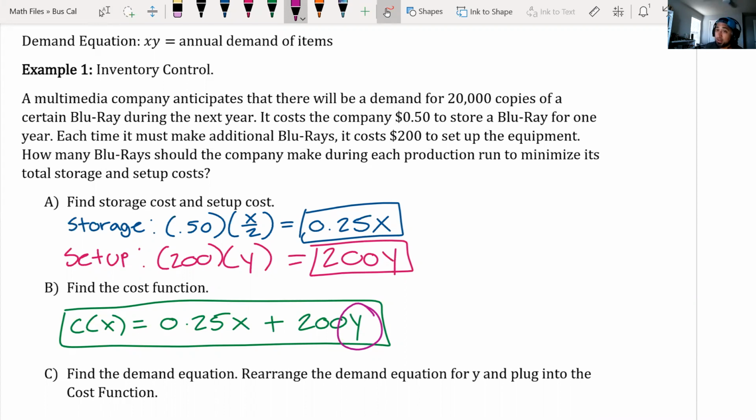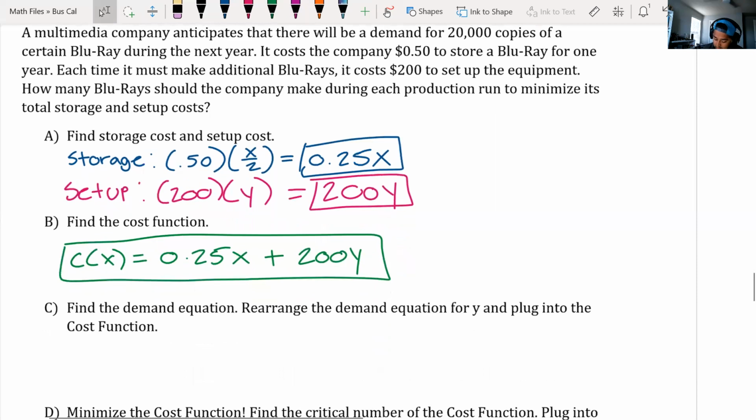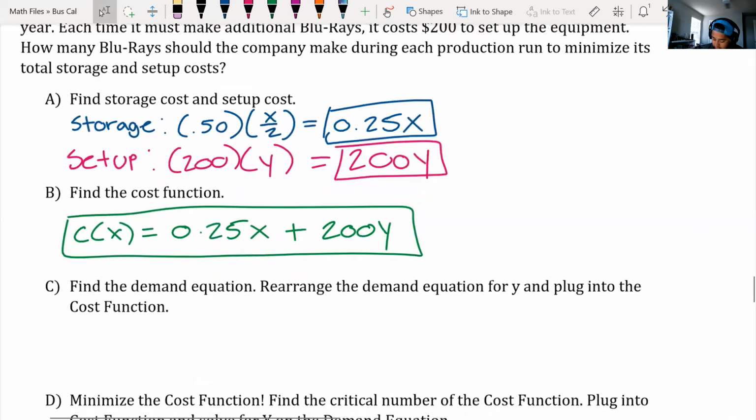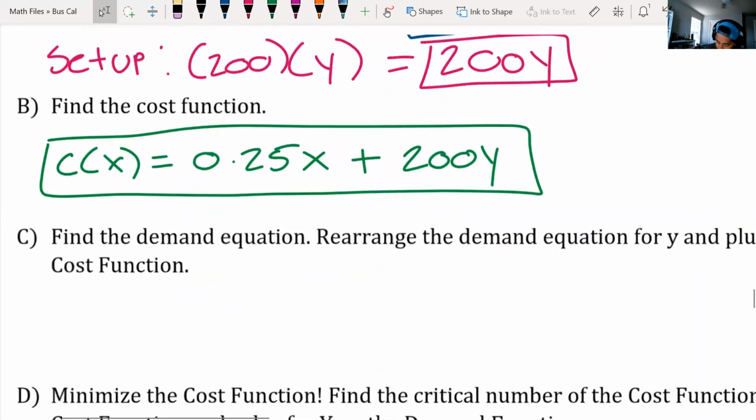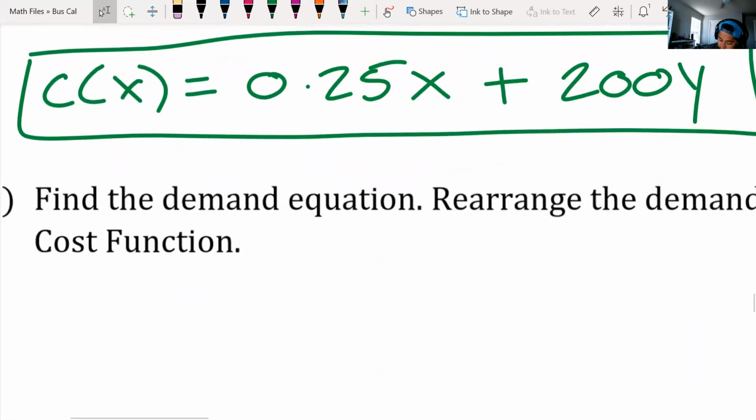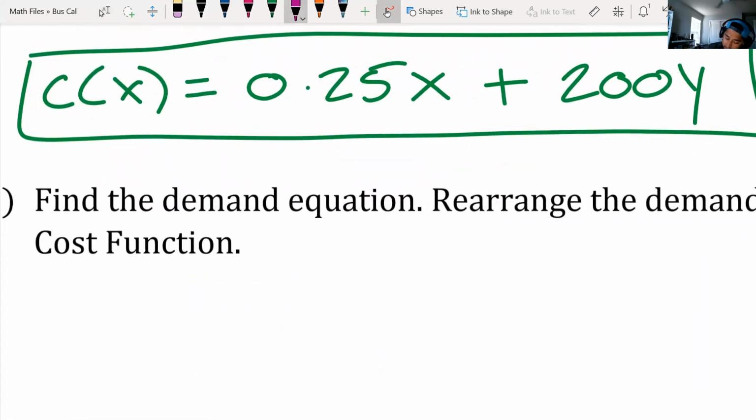And the only way to do that is by using the demand equation. So looking at the paragraph, how many Blu-rays are demanded? 20,000. So here's what we're gonna do in step C. How much can I zoom in? That's perfect. So the demand equation is xy equals 20,000.